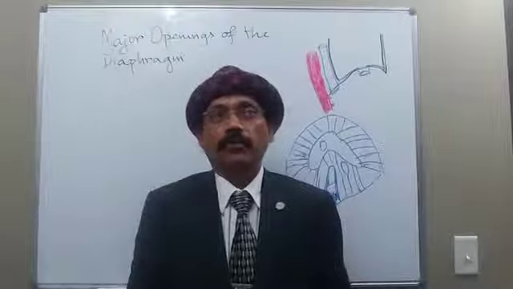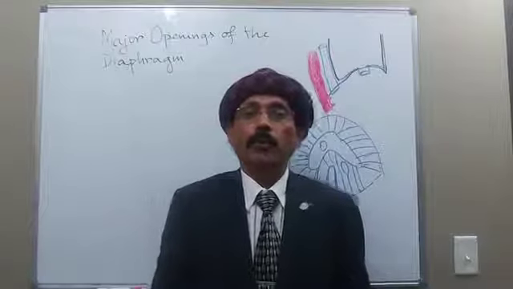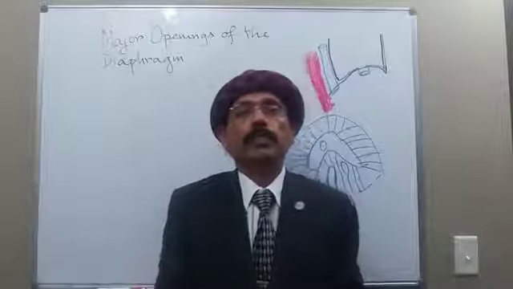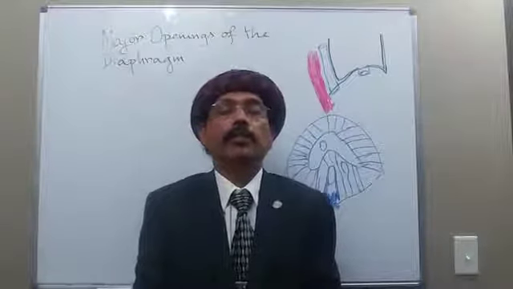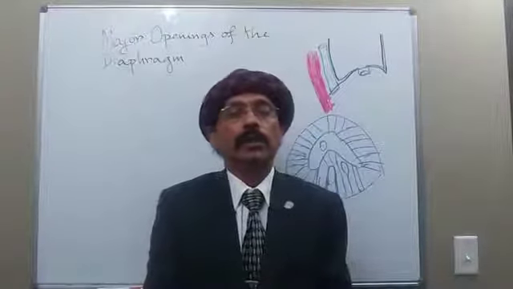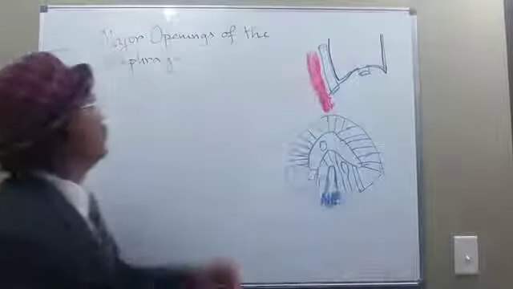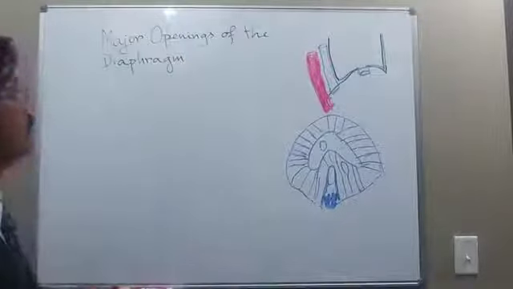Today I will discuss the major openings of the diaphragm. We know that the diaphragm is a musculo-tendinous partition between the thorax and the abdomen, and it has major openings.